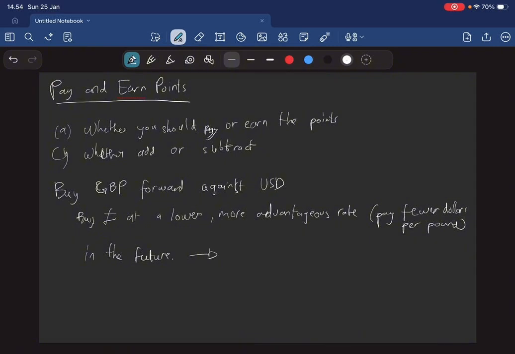So, meaning you subtract the points to get the rate. Let's say the points are 439 points. So we have, let's assume the rate is 1.5500 minus 0.0439.